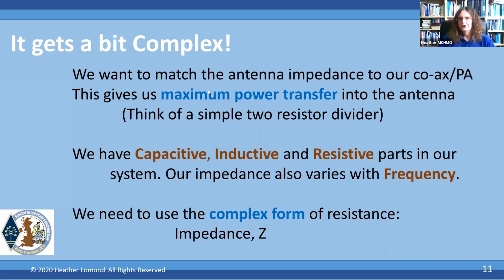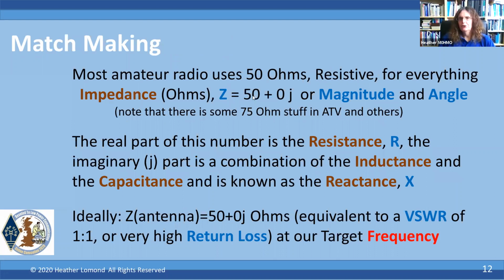So going into a little more detail there, the impedance we want is 50 resistive and 0 for the reactance, the complex part. We can also represent this as a magnitude and an angle.